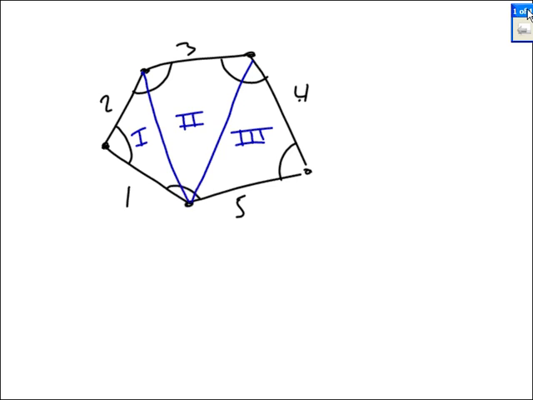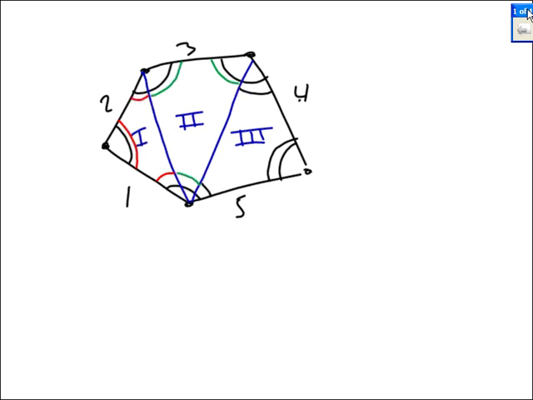In the first triangle, you have this angle plus that part of the angle plus that angle. In triangle number 2, you have this angle and this angle and that angle. And in triangle number 3, you have this angle and this angle and this angle.